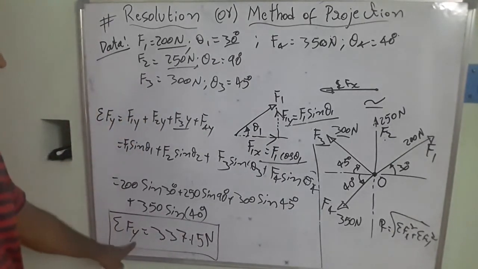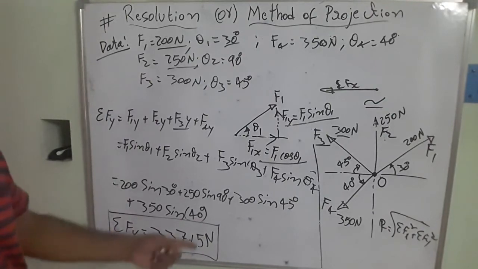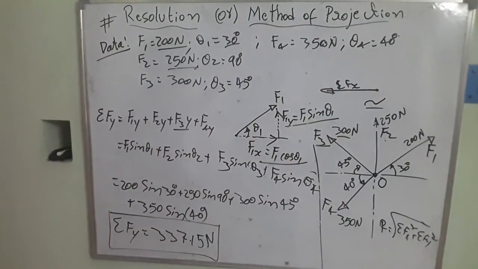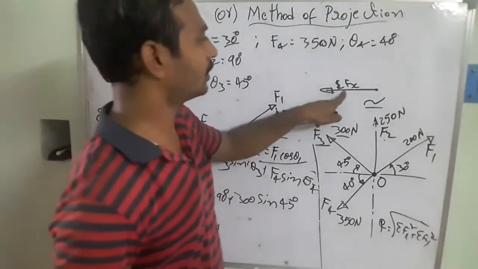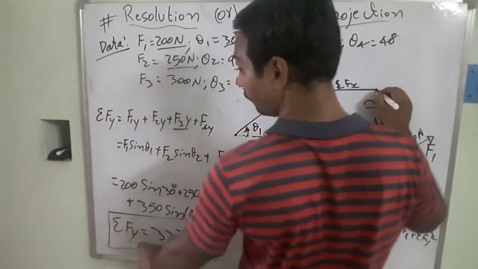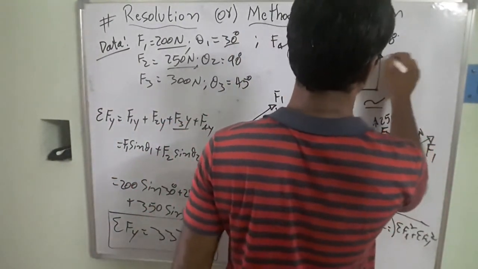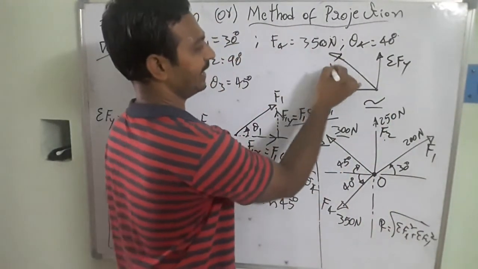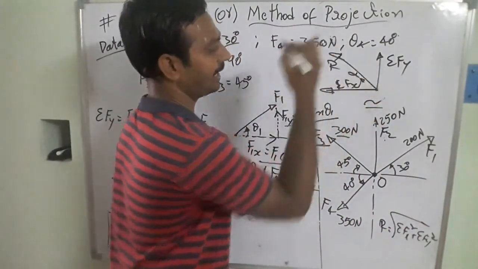Once we have sigma F of x and sigma F of y, we can easily calculate the resultant component. Sigma Fx is negative and sigma Fy is positive, which means the resultant component will move in this direction and make an angle alpha.